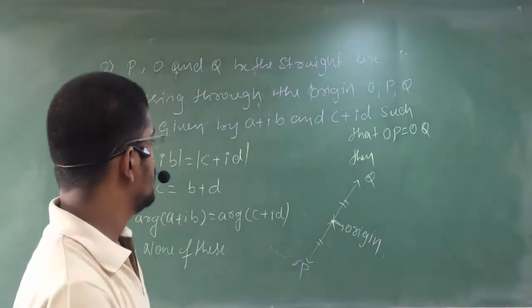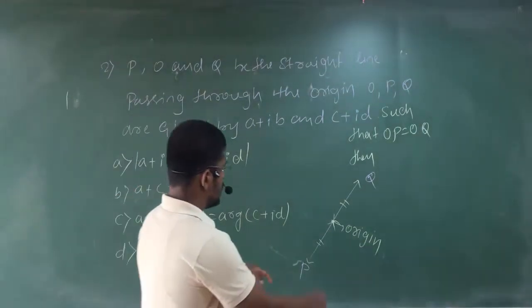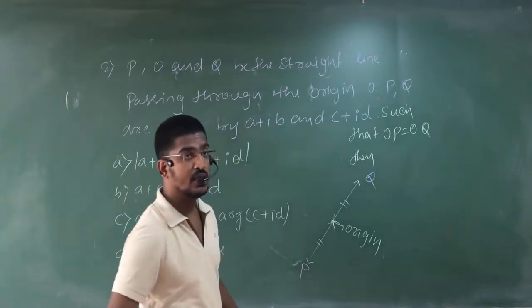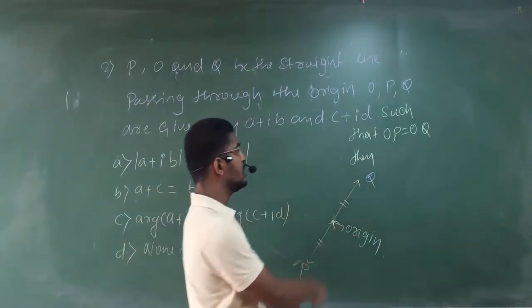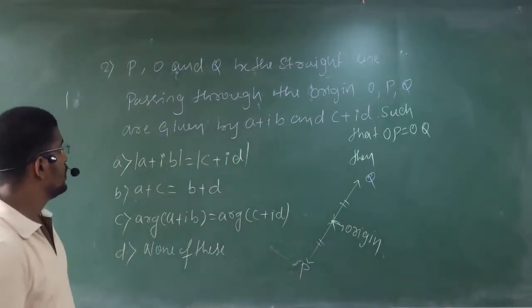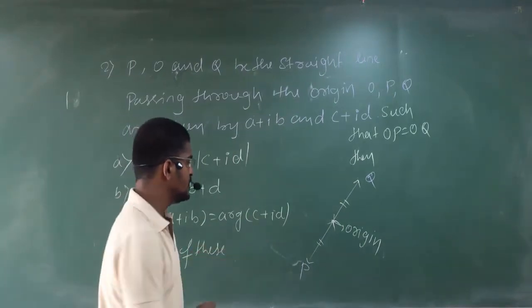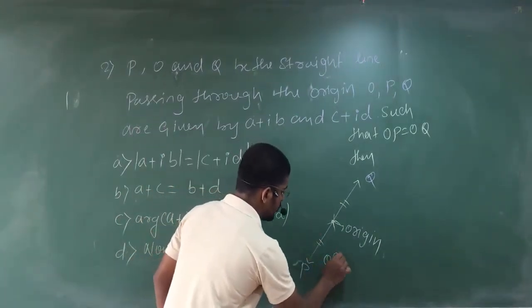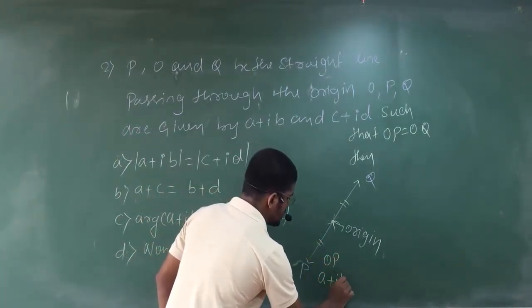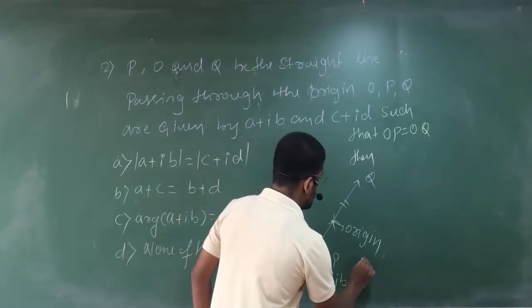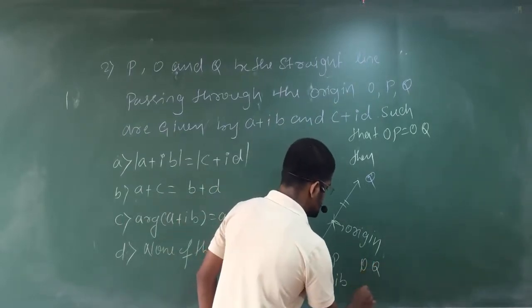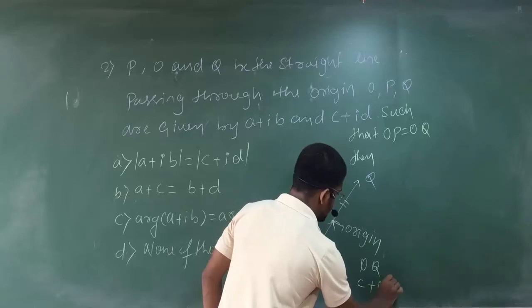Clear? See, OP is A plus IB, and OQ is C plus ID.